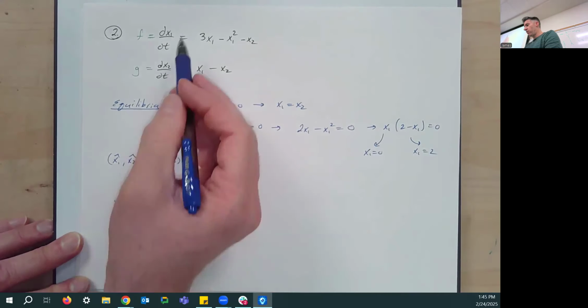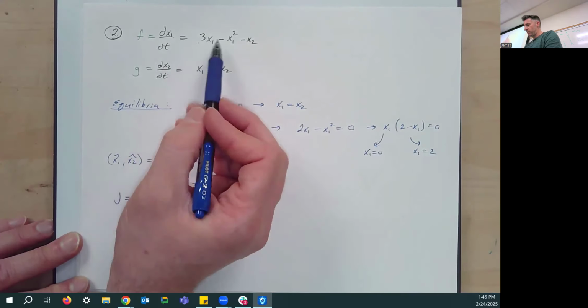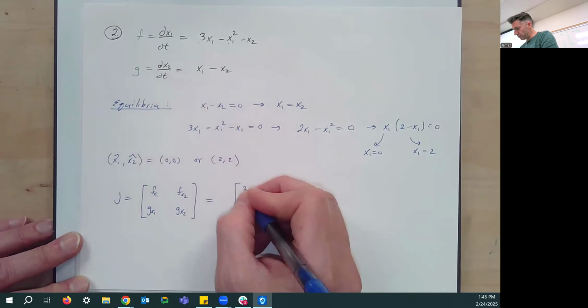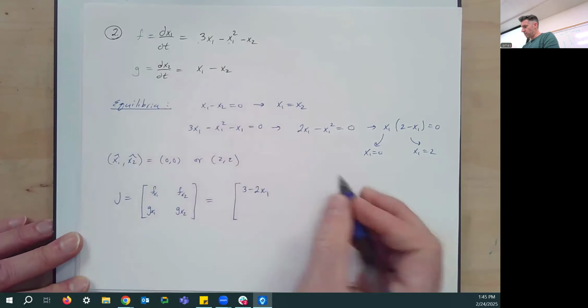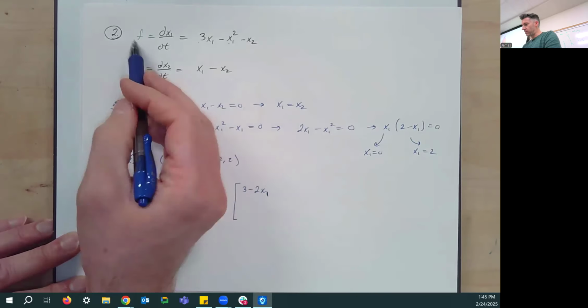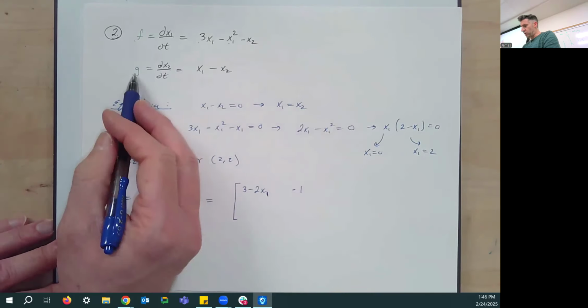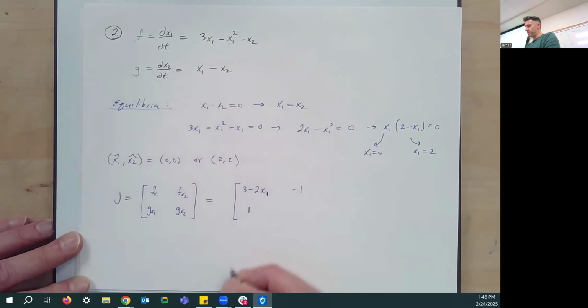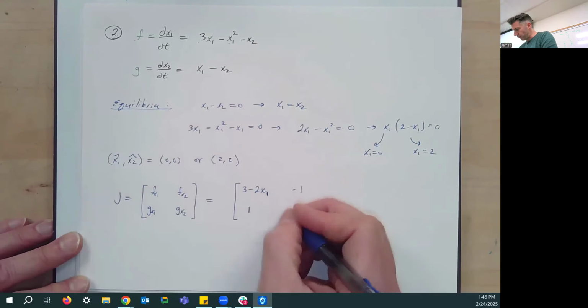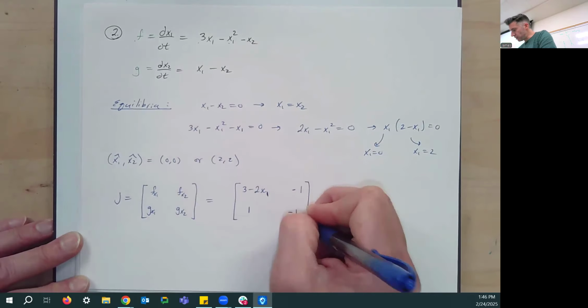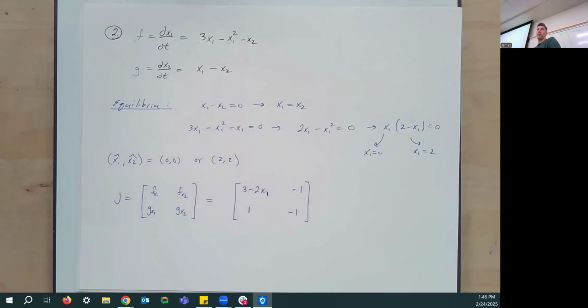Let's see, so f_x1 is going to be 3 minus 2x1. f_x2 is going to be -1. g_x1 is going to be 1. g_x2 is going to be -1. Interestingly, there isn't going to be a place to plug in the value of x2. It's okay.